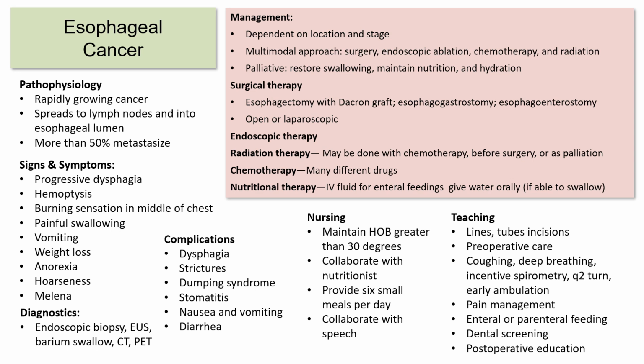They might complain of hemoptysis, so blood in their sputum. That's from tissue breakdown. Burning sensation in the middle of the chest, painful swallowing, vomiting, and then of course weight loss is a definite sign because of two things: whether the cancer metastasized or because they're just not able to eat as much, so they're losing weight. Hoarseness and melena.